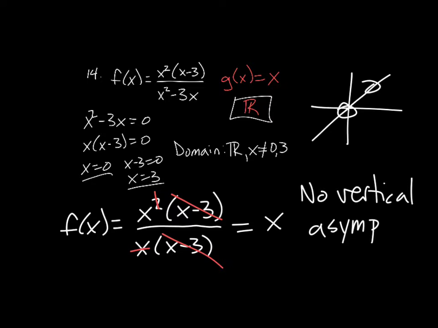So if there are things left in the denominator, then whatever is left is a vertical asymptote. However, if things get canceled like they do here, we don't have anything left in the denominator, right? We just have x. And so then these are just holes in the graph. They're just simply not there because they're not allowed to be there because of the original.